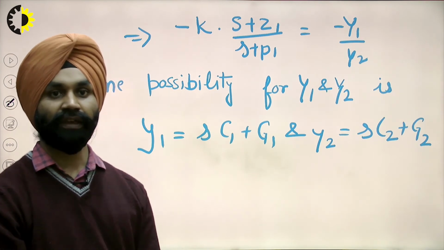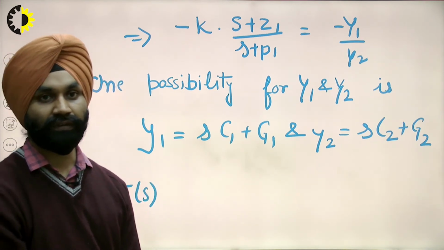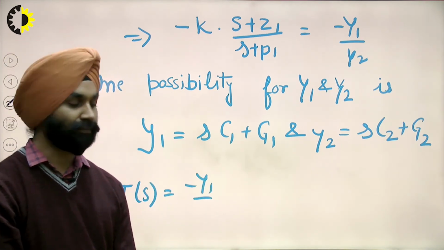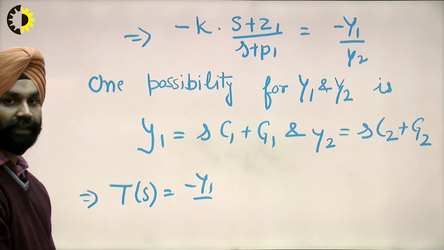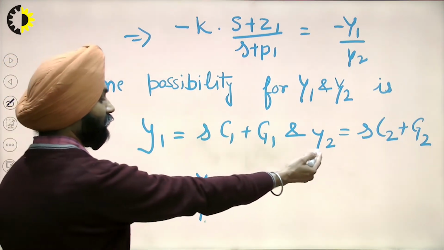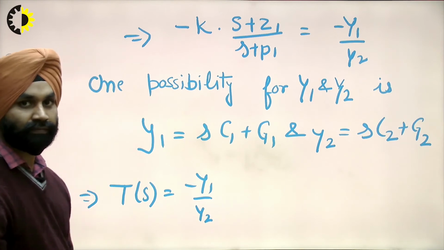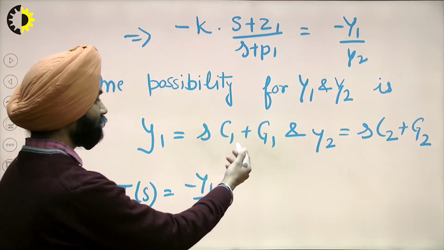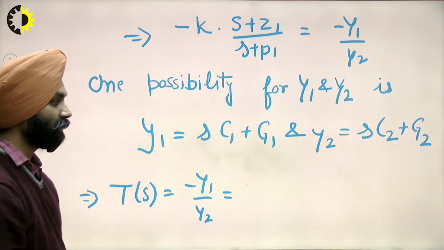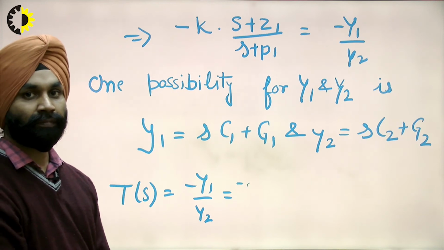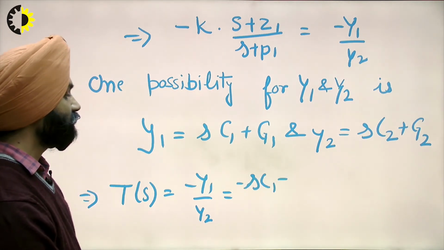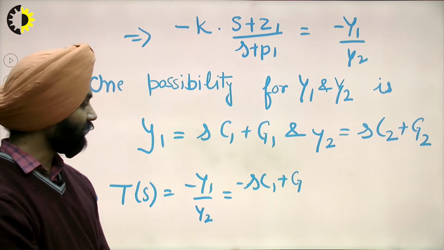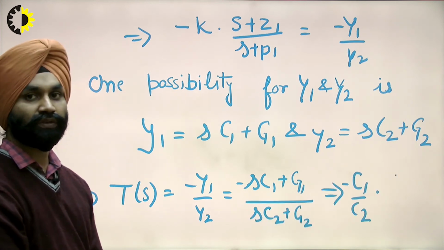So if we again implement this, the transfer function can be given by minus Y1 by Y2, that is minus (sC1 plus G1) divided by (sC2 plus G2).